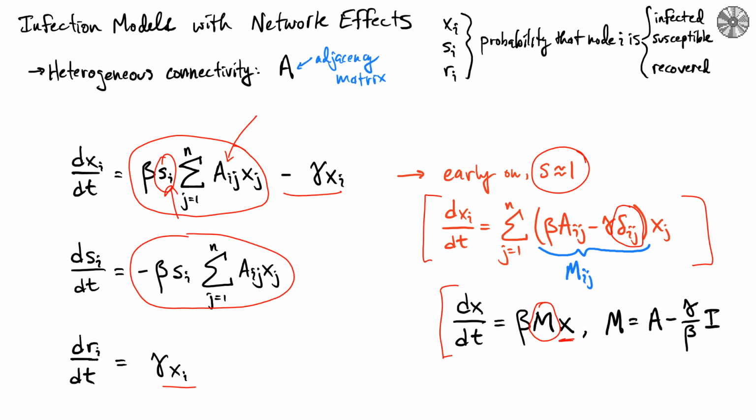We've gotten rid of the dependence on s, mainly based on the assumption that we're early on in the infection spread and most of the nodes are susceptible. With this M matrix, we can study some of the characteristics of this differential equation, which is a differential equation of just one single variable, and that allows us to do some more sophisticated analysis.